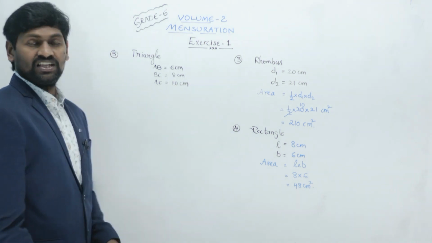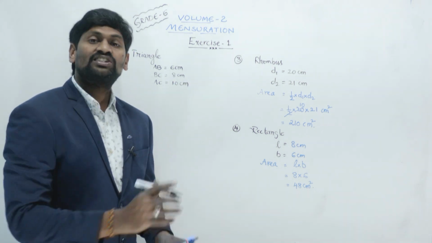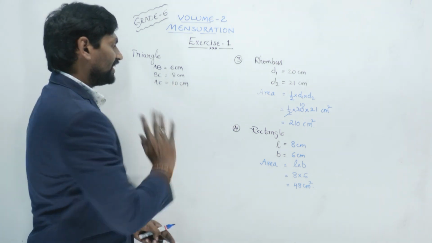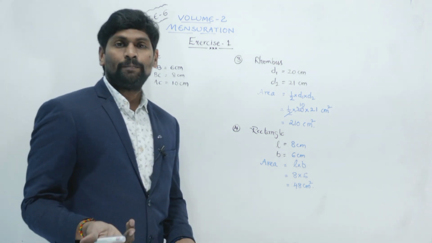So in triangle ABC, the three sides are given: 8, 6 and 10 centimeters. We need to find the semi-perimeter.